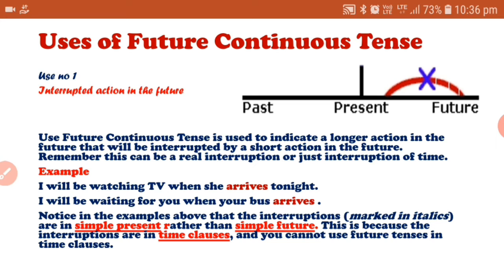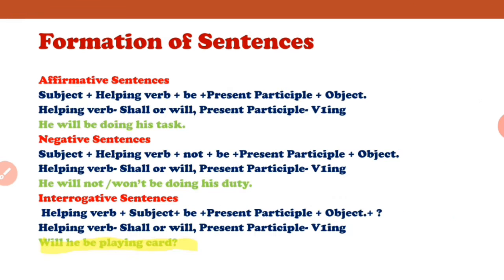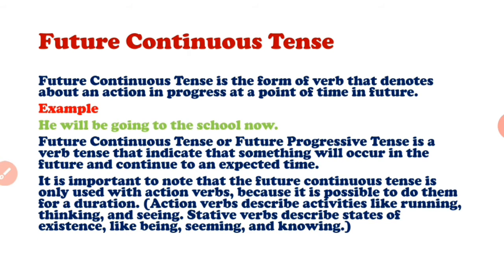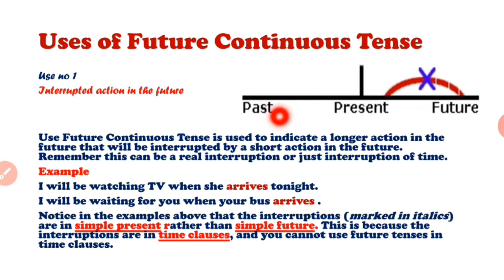Here, students, you can check. This one is past, and this one is present, and this is future. You can check from present to future. It means after present, what is the criteria of that? The criteria is of future time. From here you can start and up to here. But what is the meaning of this cross sign?